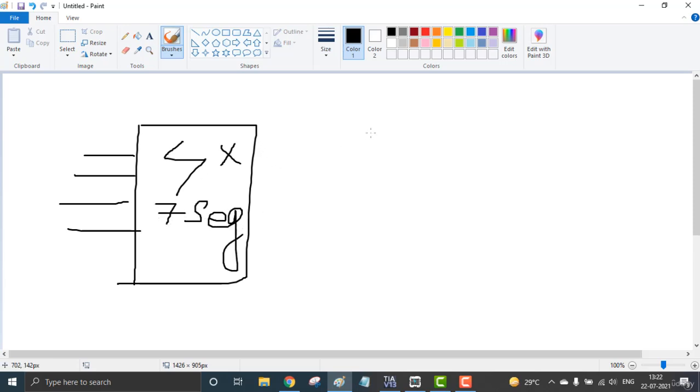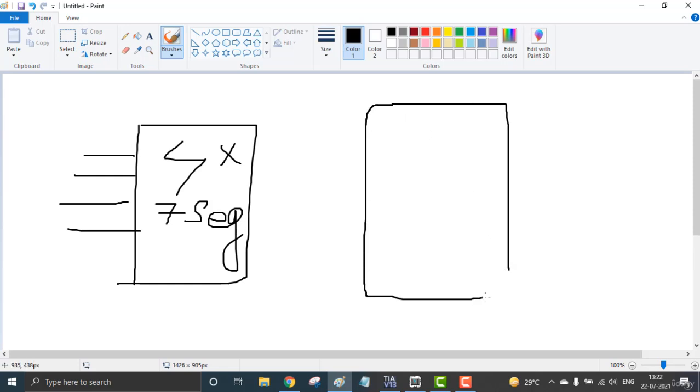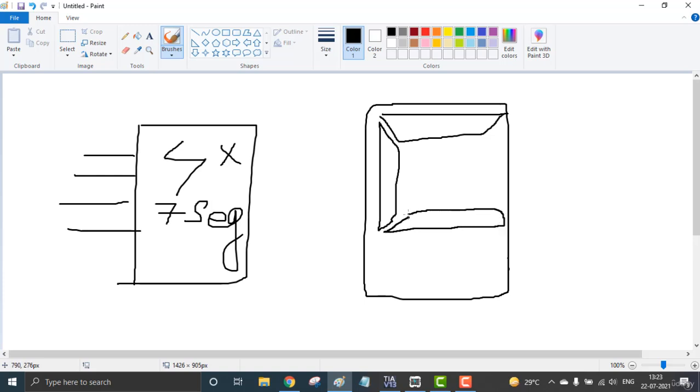The 7 segment display is used for showing digital values. This kind of digital display is available in our digital wristwatches. For this kind of application, we are using BCD conversions, just for showing digital values.